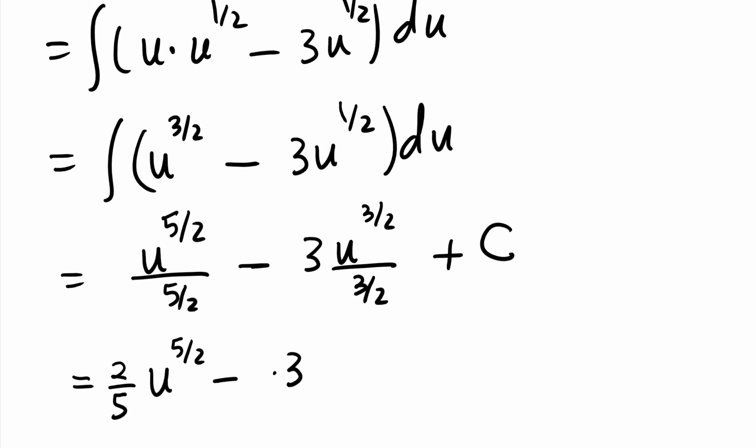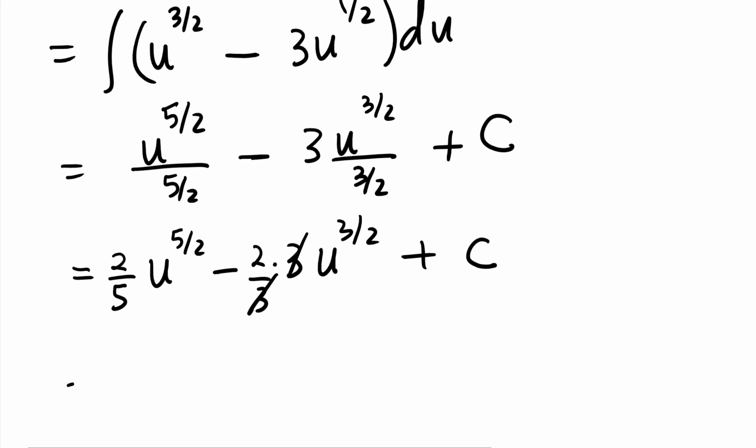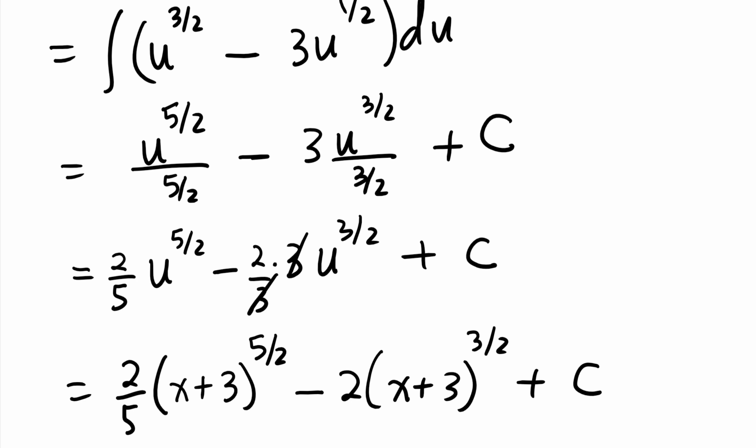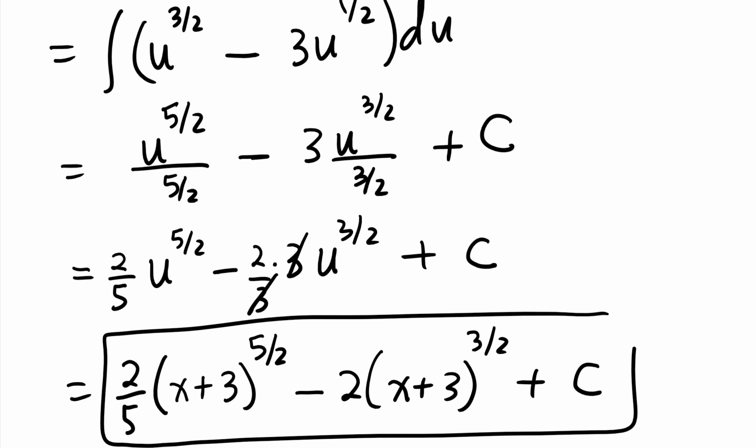Well, we have a 3 and then flip the 3/2: 2/3 u to the 3/2 plus c. These cancel out. Now replace the u back with x plus 3. Minus 2 times x plus 3 to the 3/2 plus c. Any questions about this?